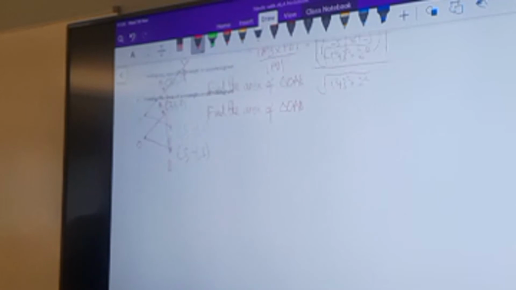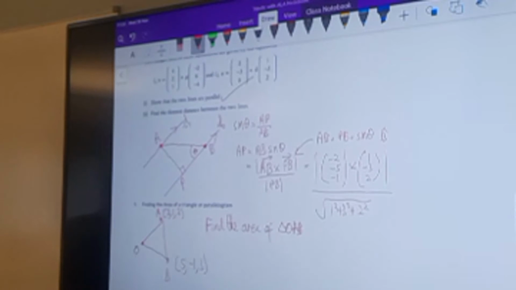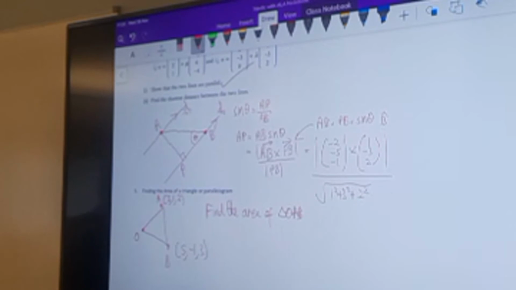And finally, yes, it really is finally, the area of a parallelogram. Well, what's the area of triangle OAB? It's half OA times OB. Not dot product, that's just times.